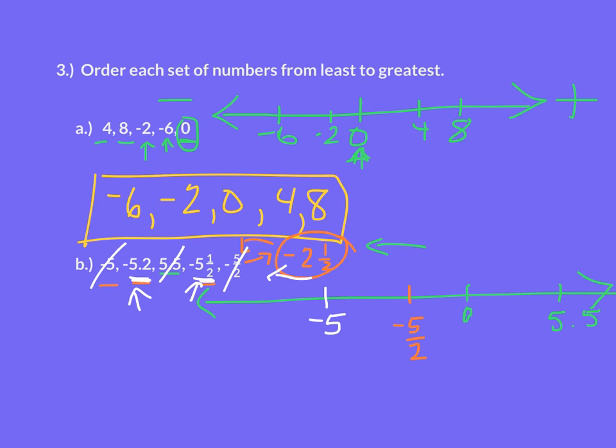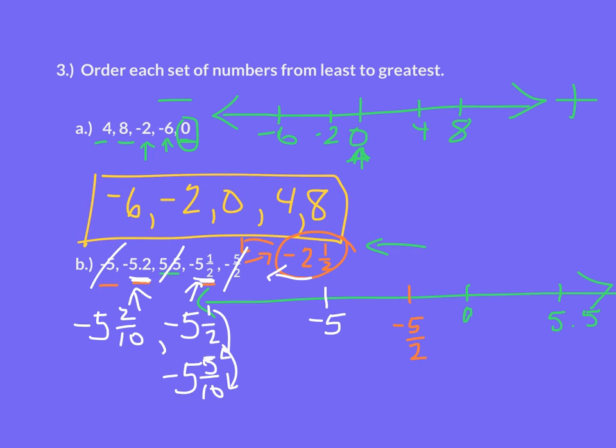Okay? So negative 5 and 2/10, I'm going to change that into a fraction momentarily. And negative 5 and 1 half. Well, hopefully you recognize that 5 and 1 half, I can change that so that they're both tenths. It'd be negative 5, and if this is some number over 10, 2 times 10 is 20, 2 times 5 is 10, I mean 5 times 1 is 5.